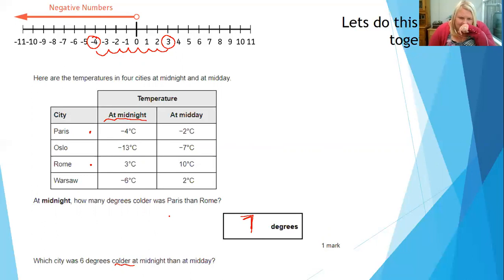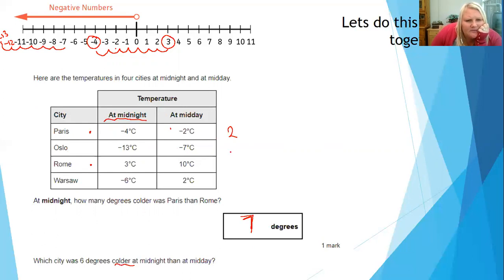Which city is 6 degrees colder at midnight than at midday? So we're looking for one that has a difference of 6. Looking at Paris, it was -2 to -4. Well, that's a difference of 2. Oslo is -13 to 7. I haven't got -13 on the line, but I can add it on here, that's not a problem. -12, -13. So we've got 1, 2, 3, 4, 5, 6.